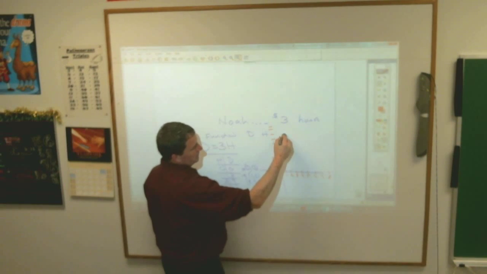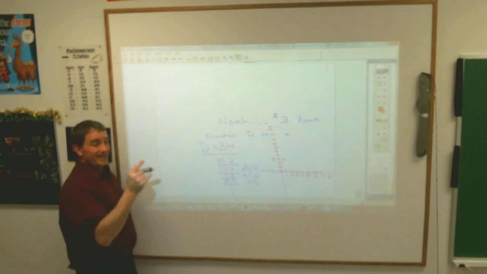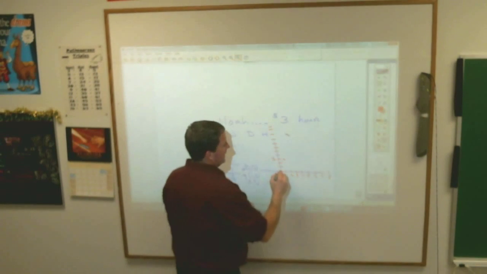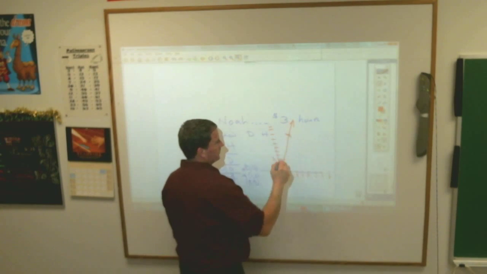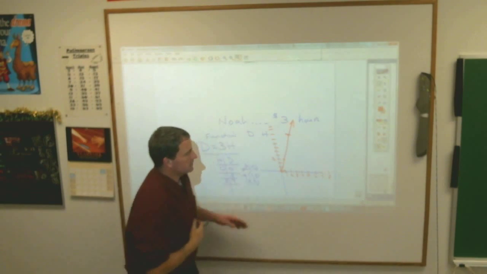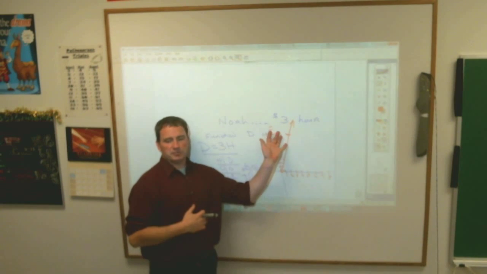$9. Okay? Now, connect those dots, and what does that line stand for? This line stands for all the combinations of hours and dollars he would get.